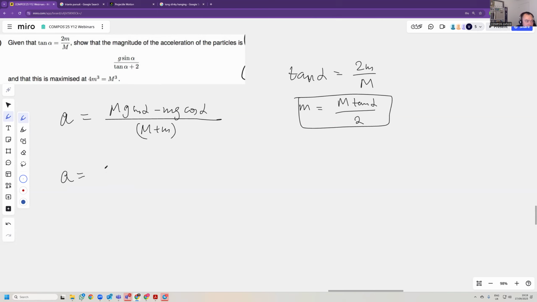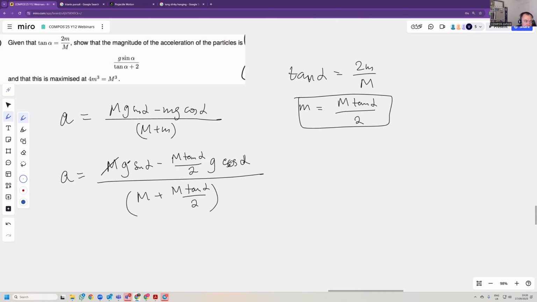So acceleration is mg sine alpha minus small m, so m tan alpha over 2, g cos alpha divided by small m plus, oh sorry, m plus m tan alpha over 2.